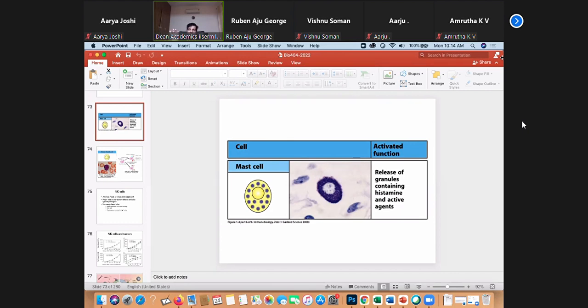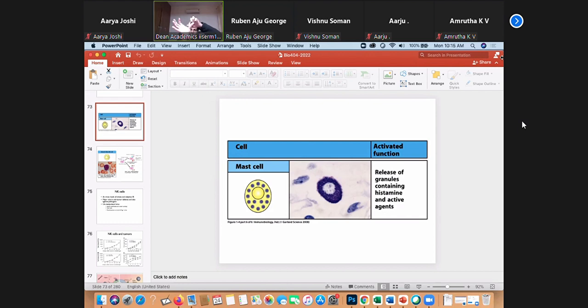Now, mast cells have these Fc epsilon receptors. Epsilon is basically the portion of the antibody which interacts with the Fc receptor. This is a specific type of receptor on the surface of these cells.